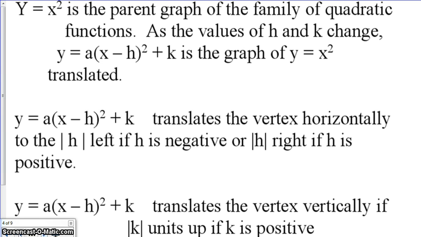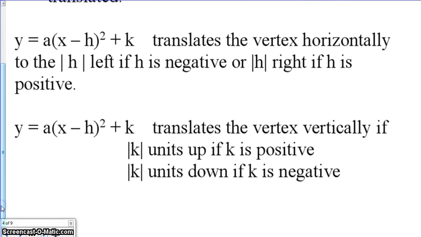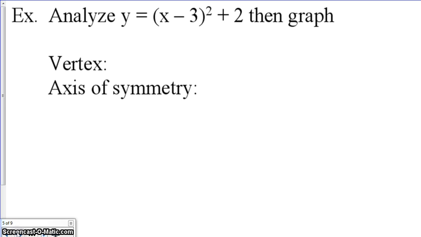Our graph is going to translate horizontally |h| left if h is negative, or |h| right if h is positive. Next, it's going to translate vertically k units up if k is positive, k units down if k is negative. That'll make sense once we graph a few of these.